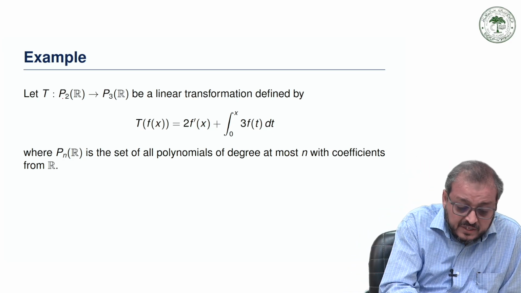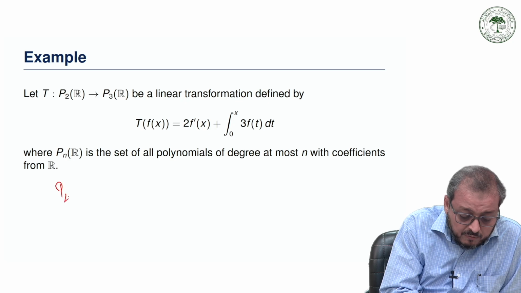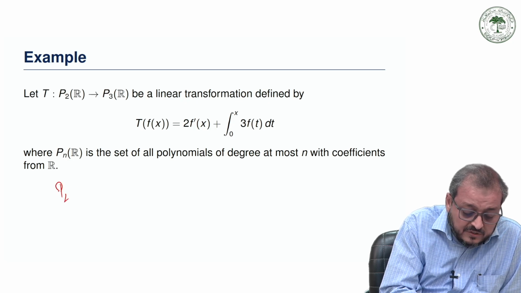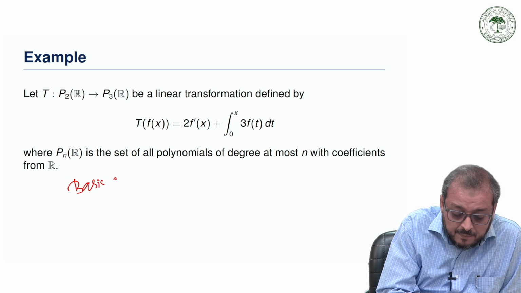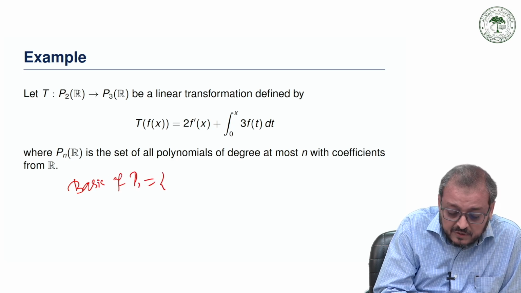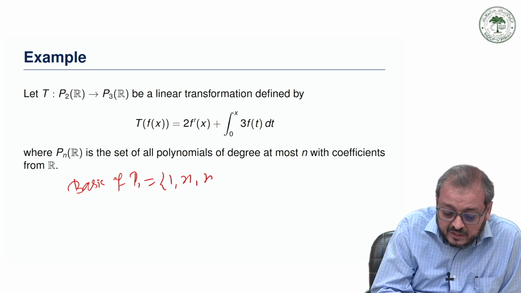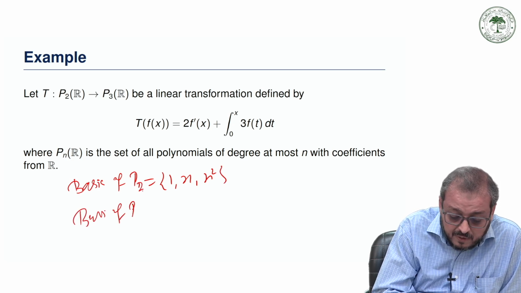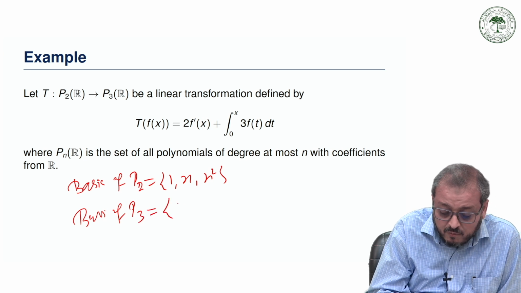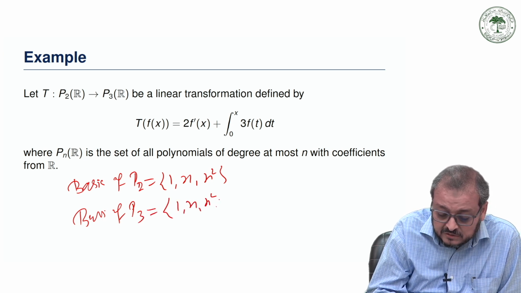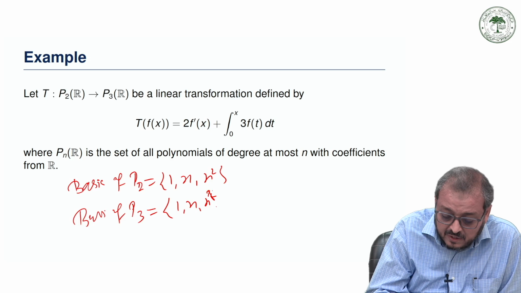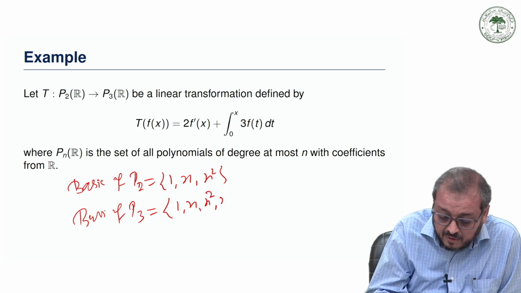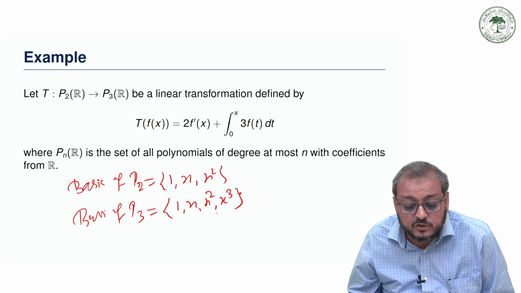So we just check the basis of P2(R). The basis of P2 is equal to {1, x, x square}, and for P3 we have {1, x, x square, x cube}.